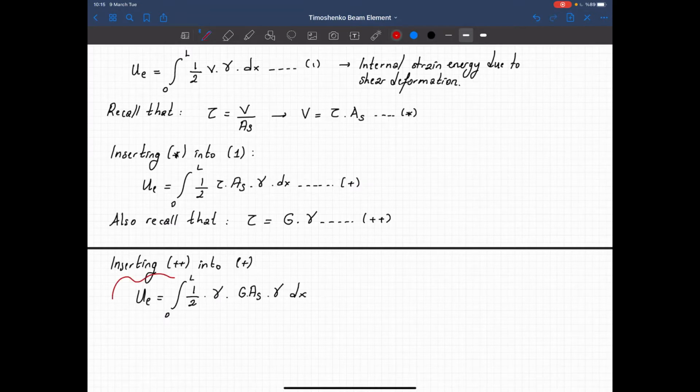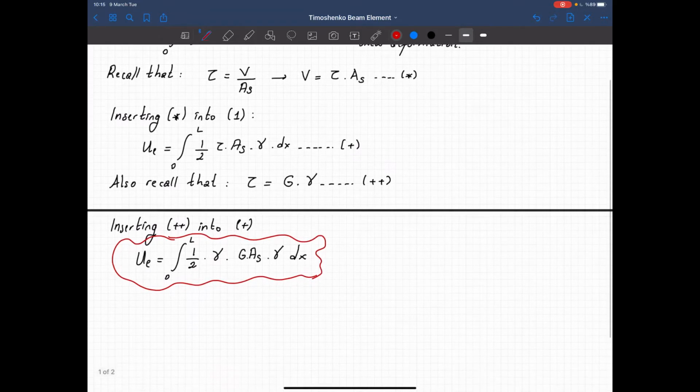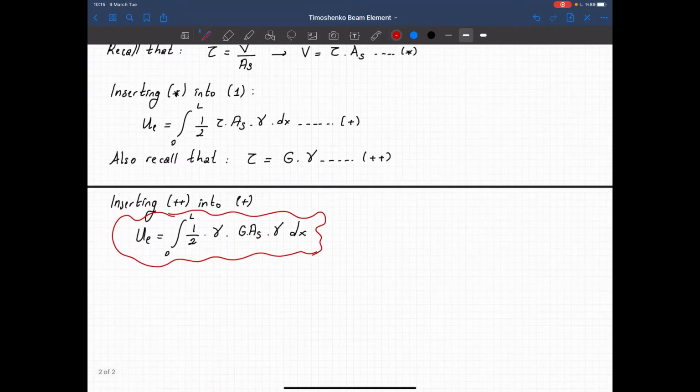So that's the internal energy for shear deformations.